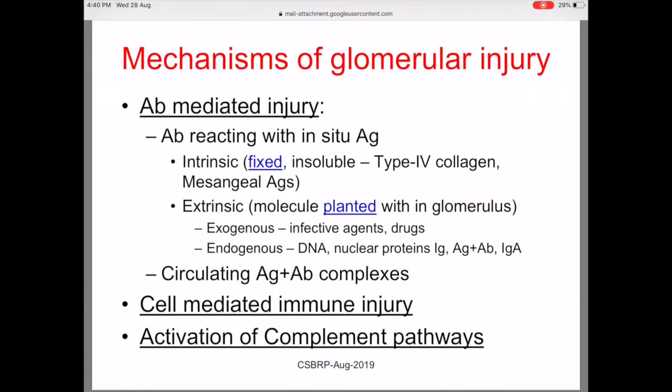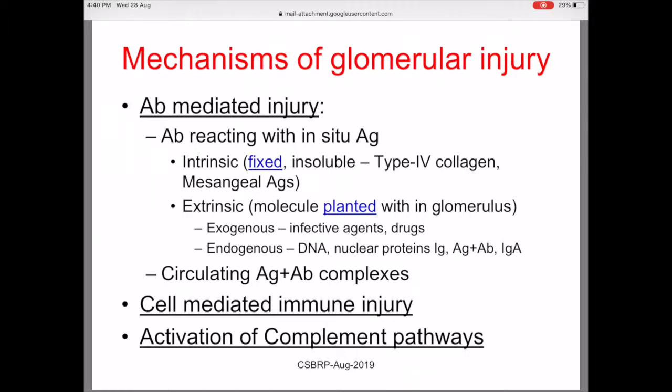So antibody mediated mechanisms I told already, the in situ antigen reacting with antibody. This may be fixed, that is, proteins already present in the collagen or mesangium may be a target for antibody production, and these antibodies come and get deposited there.